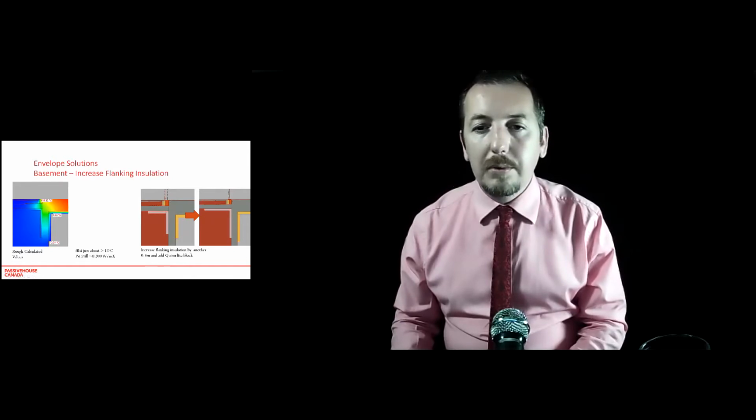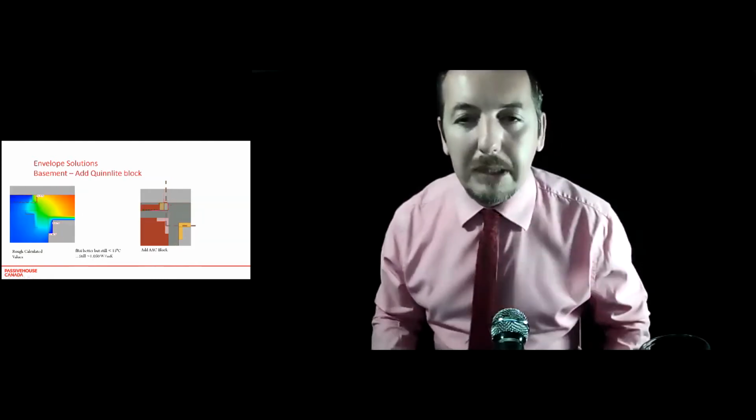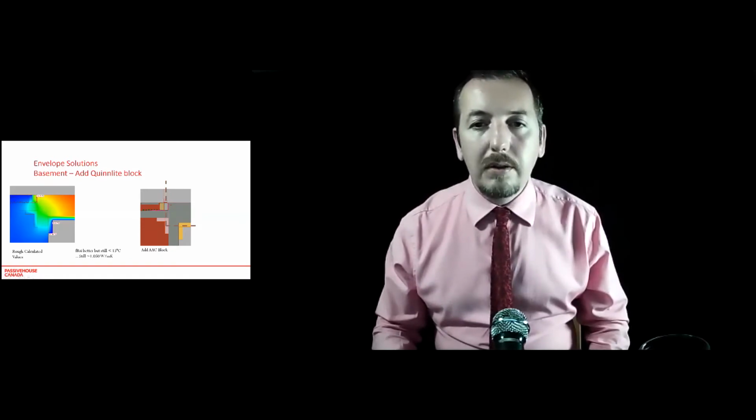Eventually we got there, but it took quite an amount to even get it to 15 degrees. If I just skip back here, sorry, that was a bit bitsy. The first amendment was to add an AAC block. The psi value was still 1 or thereabouts, and the fRsi still wasn't above 0.75.